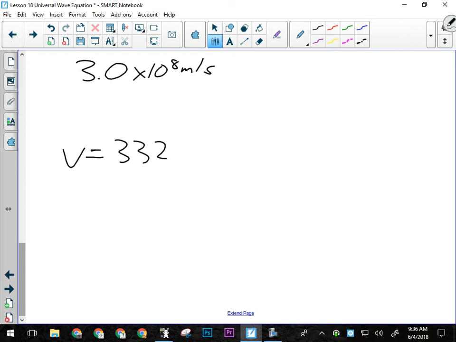That's the speed of sound at 0 degrees Celsius, plus 0.6 times the temperature in degrees Celsius, which is the only thing you'd ever get it in. So 332 plus 0.6 T will give you the speed of the waves. So if it tells you the air is 20 degrees Celsius, then you just plug 20 in for temperature and you'll have the speed of sound. Only for sound, yes. Because like we said, light, 3.0 times 10 to the 8.